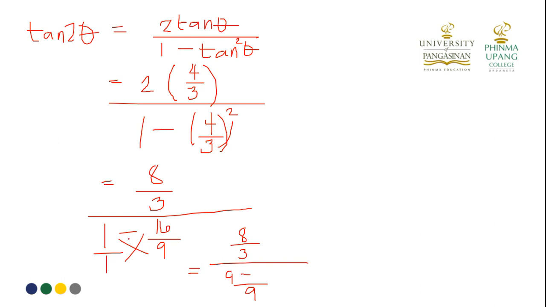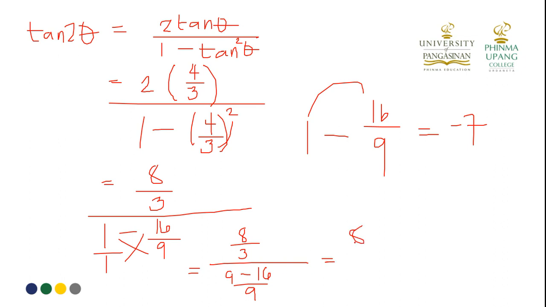Then, 9 minus 16. Yan yung gagawin. Or, pwedeng shortcut ko dyan is, tignan nyo itong shortcut. Tignan natin kung parehas. 9 times 1 is 9. Then, 9 minus 16 is negative 7. Ulitin ko. 9 times 1 is 9. Then, 9 minus 16 is negative 7, which is the same with our long method.